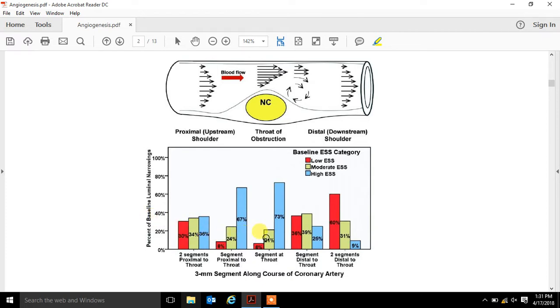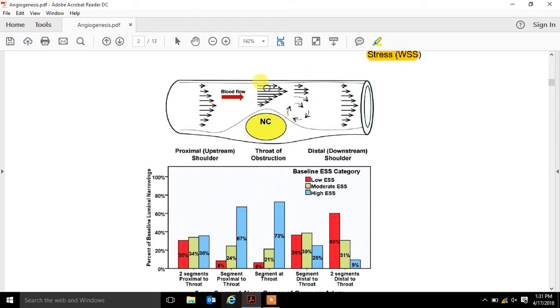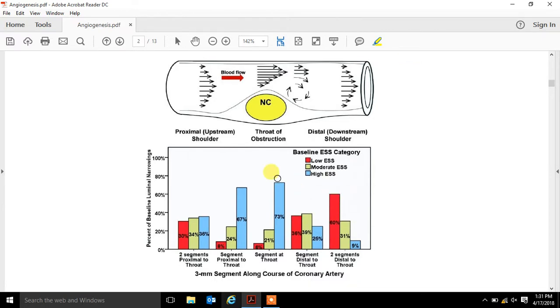But as we get real proximal and on top of this obstruction, we now get a greater amount of high endothelial shear stress, which is then going to drive signaling to promote vessel enlargement, whether it's here or on nearby collaterals. And once we're past the obstruction, distal downstream, we can start seeing the shear stress go away.